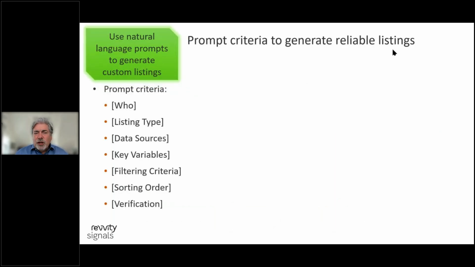So let's take a look at the case of natural language prompts to generate custom listings. We started looking at this with Gen AI, and in the course of that experience, we found that we could structure prompts that would generate reliable listings. So the first thing we might do is ask a prompt to confirm a role, and you don't actually need the person to tell you that. You might be able to tell that from the current Signals Clinical status, how they logged in.